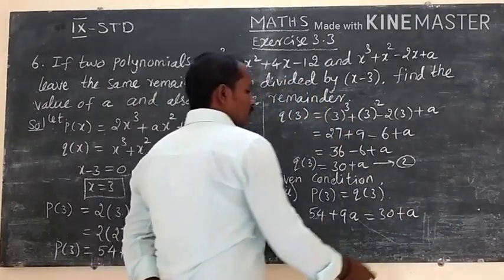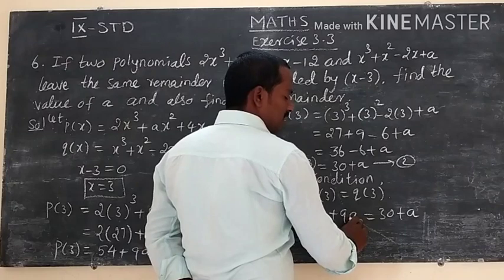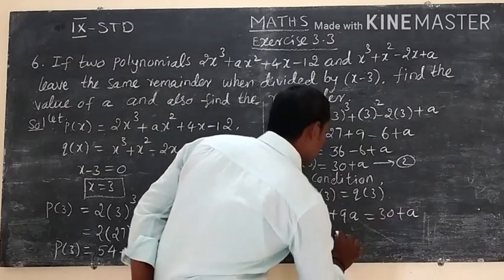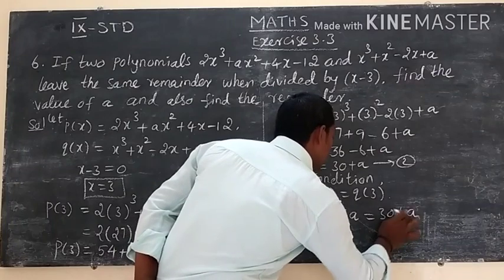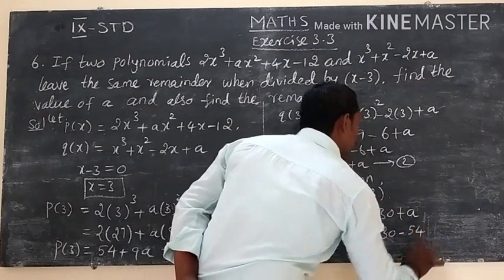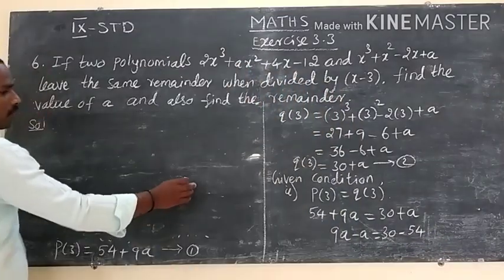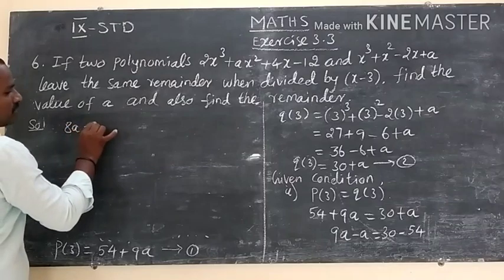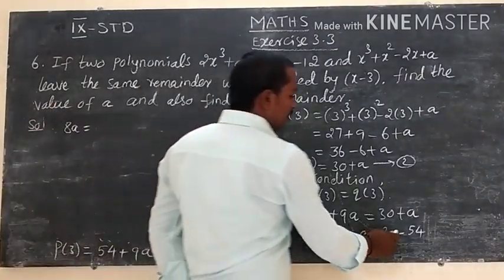This a transferred to the left side we get minus a. Also the 54 transferred to the right side we get minus 54. So 9a minus a equal to 30 minus 54. Simplify the value: 9a minus a is 8a, equal to 30 minus 54.